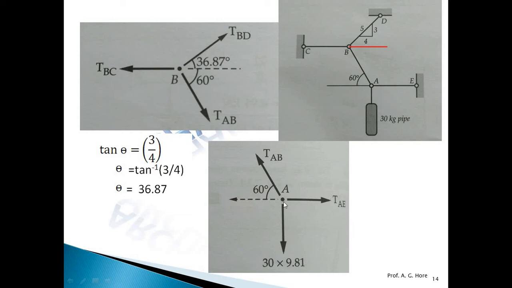So three forces under equilibrium away from the joint, we can apply Lami's theorem and find the tensions AB and AE. For joint B, the tension AB obtained from joint A must be the same, and then we can solve the other two tensions. So solve point A's FBD first.